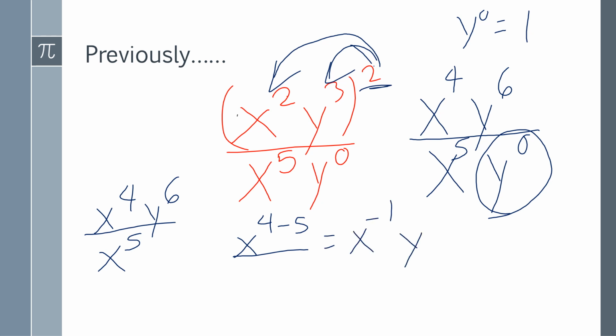We've got y to the 6. Now, before we finalize our answer, since we know that x is to the negative 1, we can do this. This is going to be my final answer.